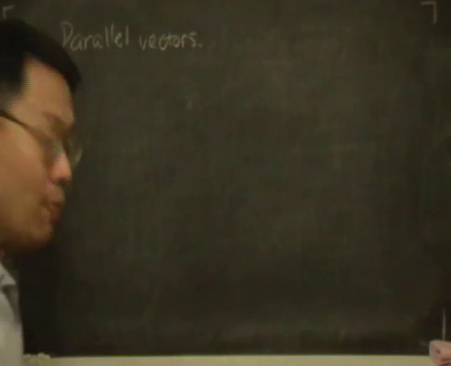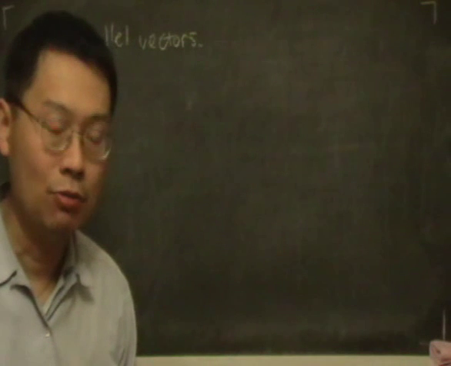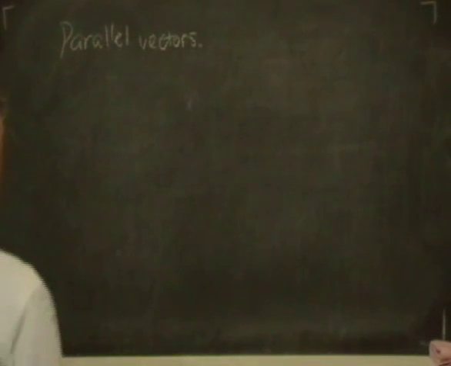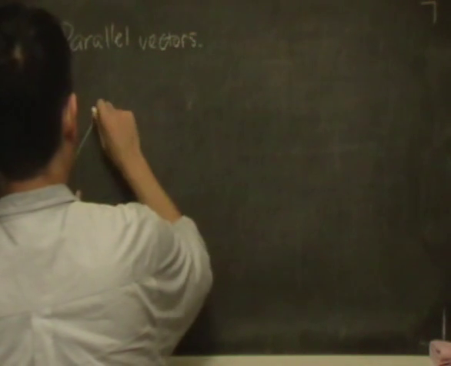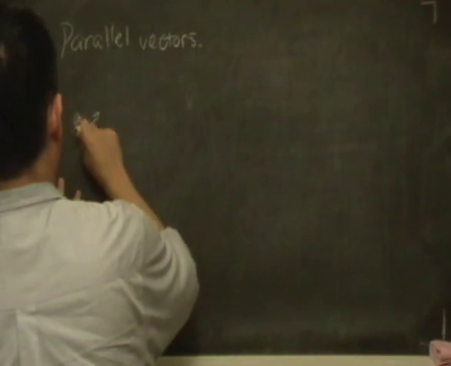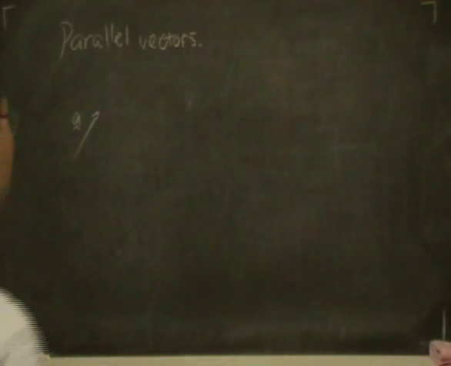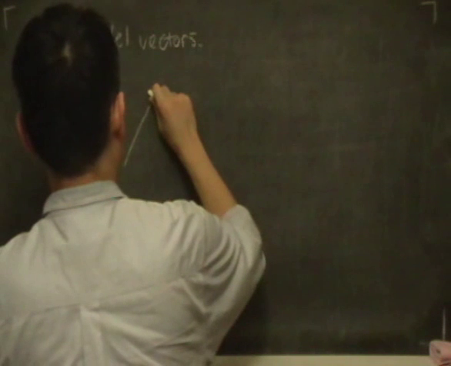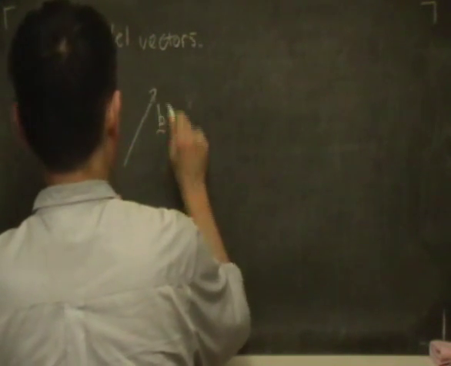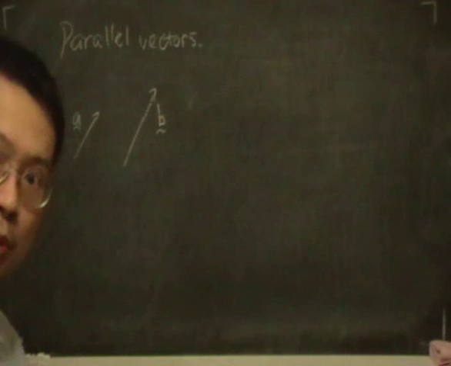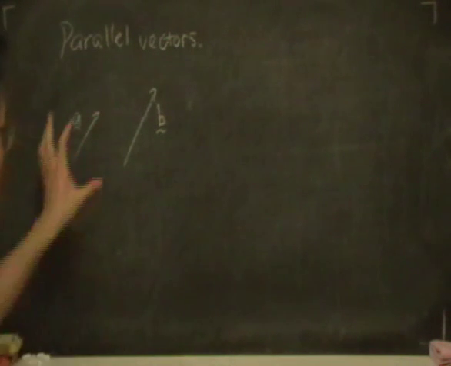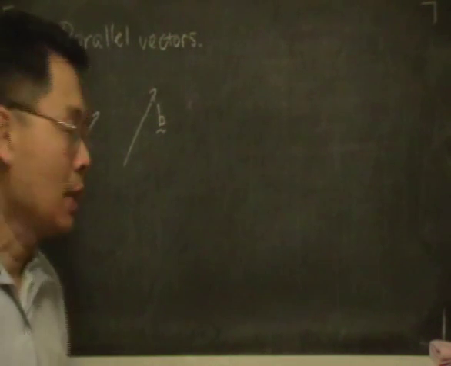In the last session, I've talked about parallel vectors. Now, for two vectors that are parallel, say a vector A and a vector B, suppose that they point in the same direction, but they have different lengths.